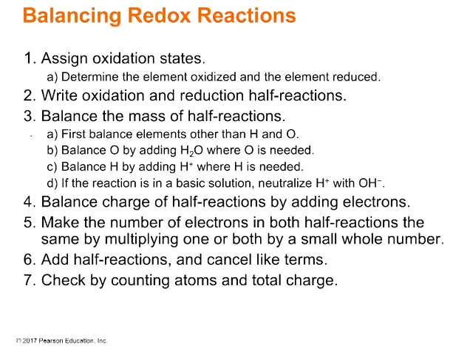So first we'll balance any elements other than hydrogen and oxygen. Then we're going to balance oxygen atoms by adding H2O where oxygen is needed. Then we're going to balance hydrogen from H2O by adding hydrogen ions where H is needed.